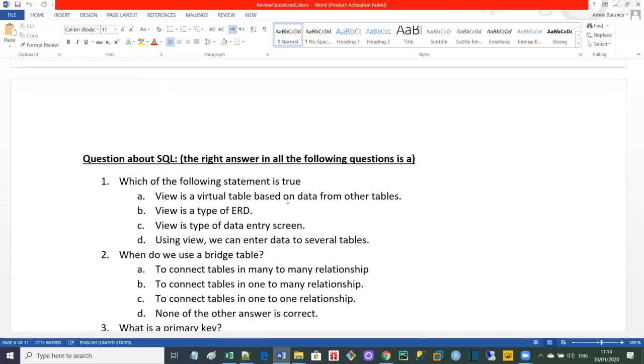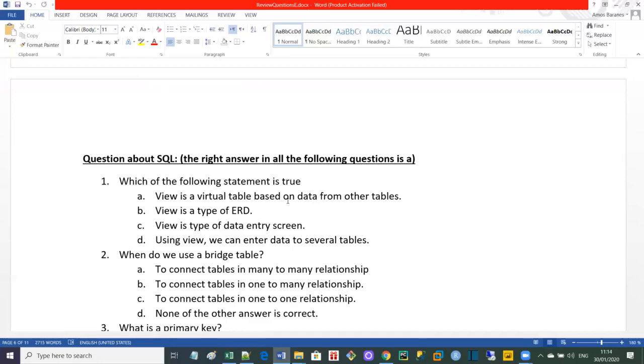First question: which of the following statements is true? The first one is really related to a concept called view. To remind you, we write a view with a very simple command.